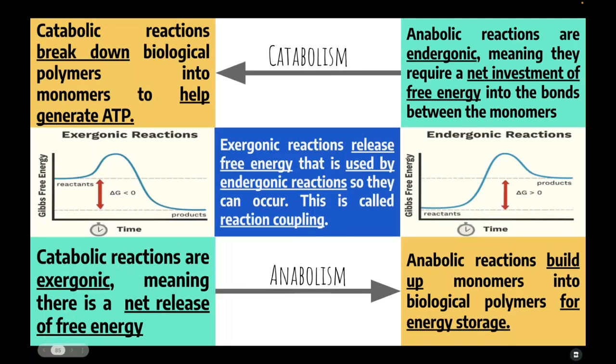So basically, when you have your exergonic reactions, it's going to release energy, and then it's going to be used by your endergonic reactions. So your endergonic reactions are relying on the release of energy in order for them to occur. And this is called reaction coupling. They rely on each other.